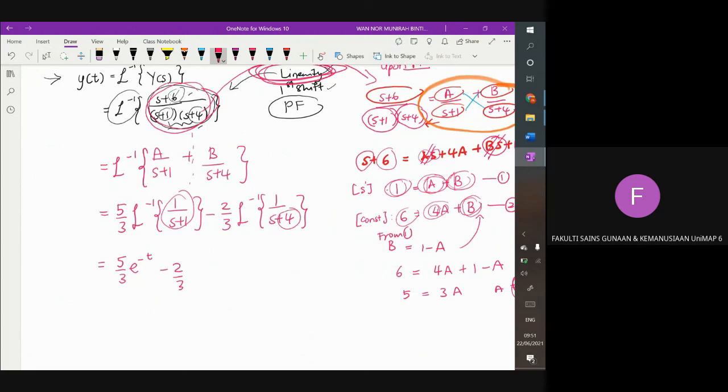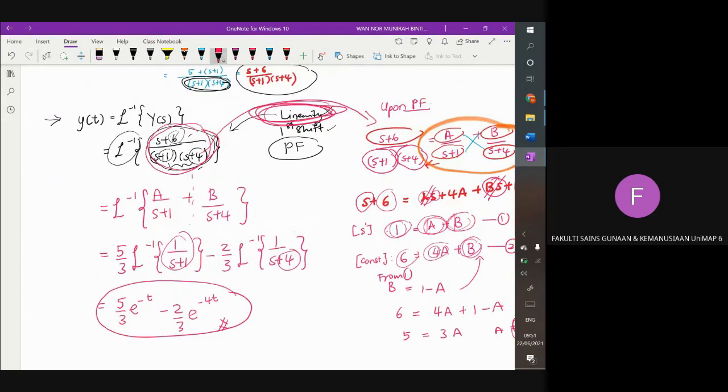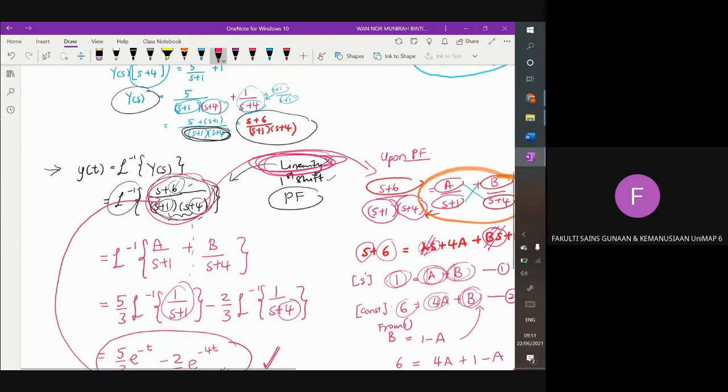Sorry, shifted by negative 4. So I have e negative 4t. So kalau tak percaya, try to take the Laplace transform of your y(t). Check whether you will get the same Y(s) here or not. If you get the same Y(s), means that you have correct y(t). So maksudnya jawapannya betul lah.